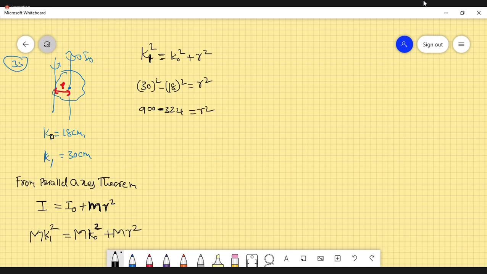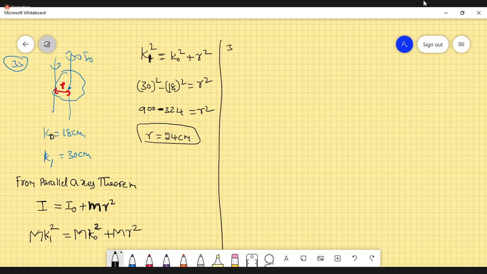So r equals 24. Understood? Right, next one.